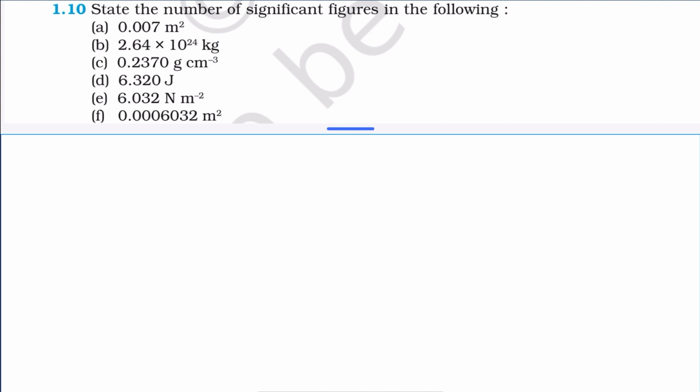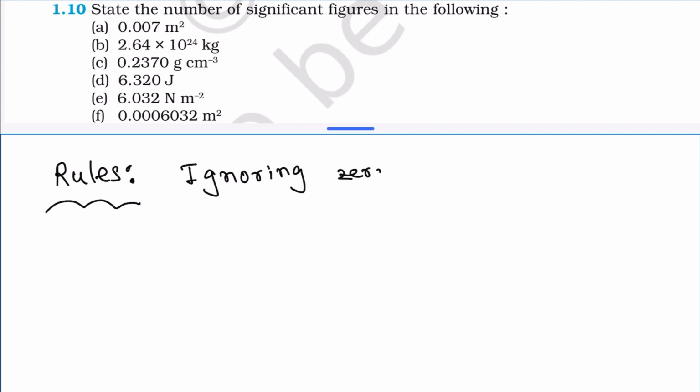So I will write the rules here first. What are the rules? You have to ignore something, so I will write: ignoring zeros.